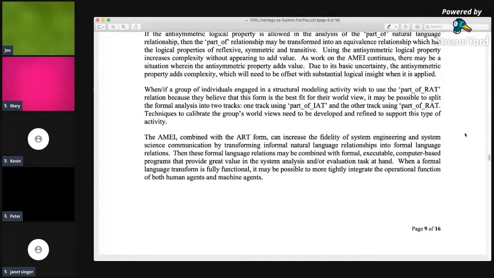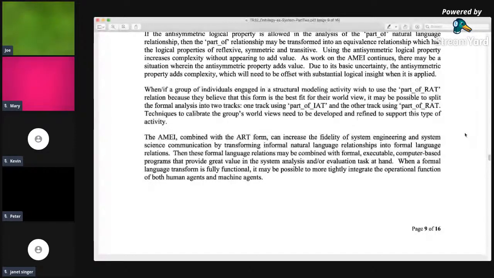We're just saying that if you're going to assign the anti-symmetric property to a specific natural language relationship, it needs to make sense within the context. There may be formal, high-level mathematical relations where anti-symmetry makes a tremendous amount of sense. That's fine. But we're looking at this from an applied mathematics formal language perspective. And in some cases, it does not make sense.